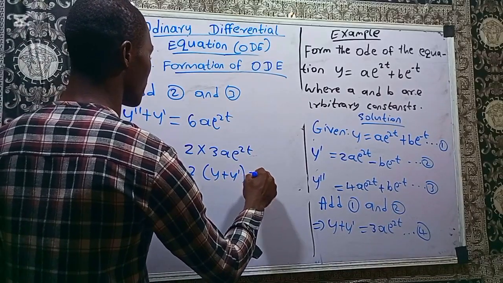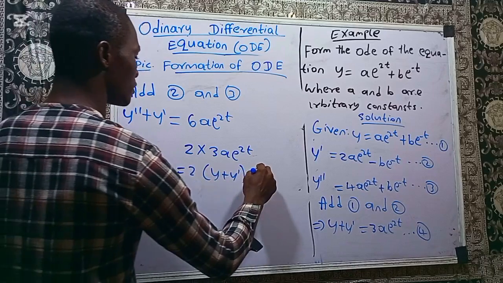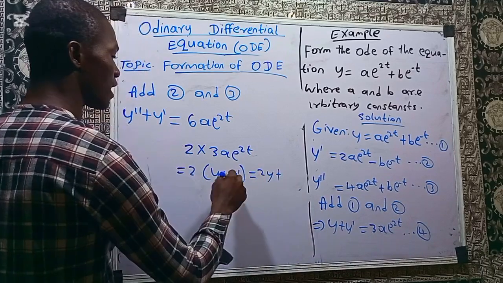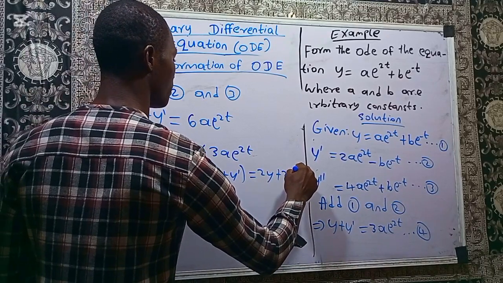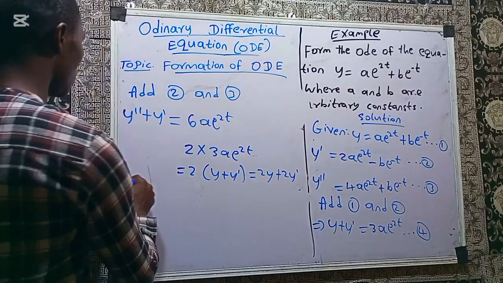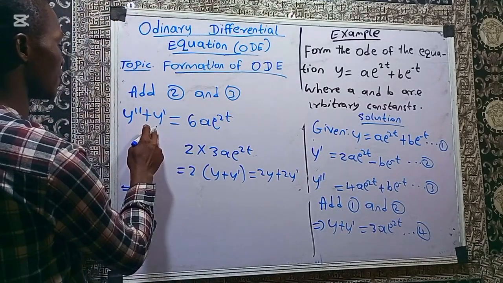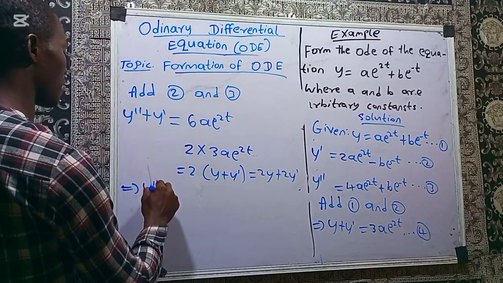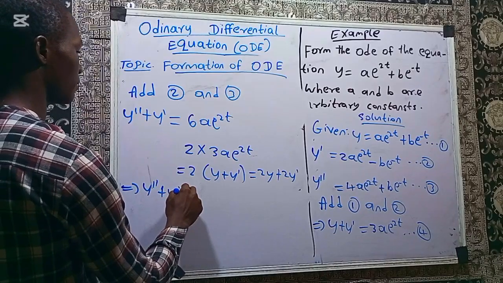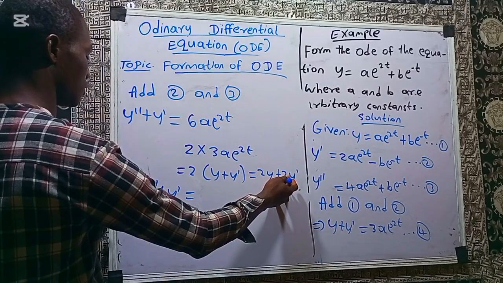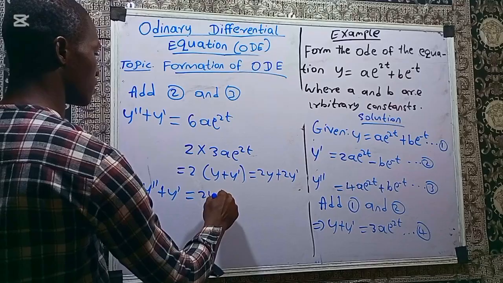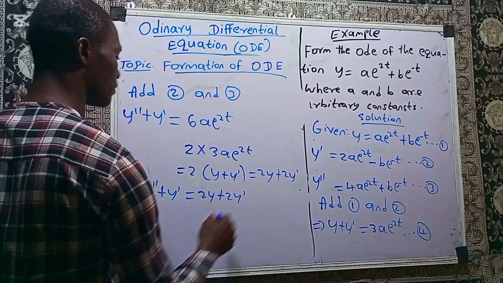And if you open the bracket, you will now have 2 multiply y is 2y, plus 2 multiply y prime is 2y prime, right? So this simply implies, what do you have at your left? y prime prime plus y prime is equal to what you have at your right? 2y plus 2y prime, right?